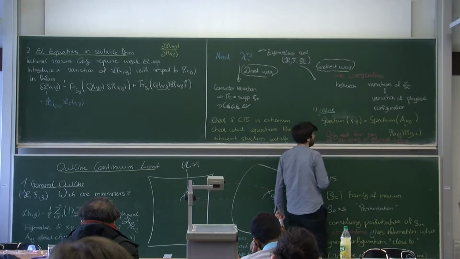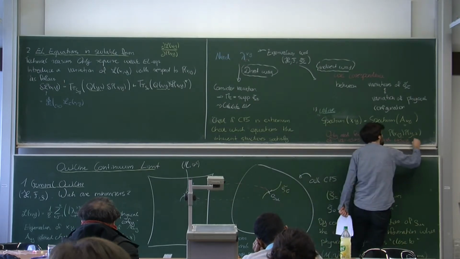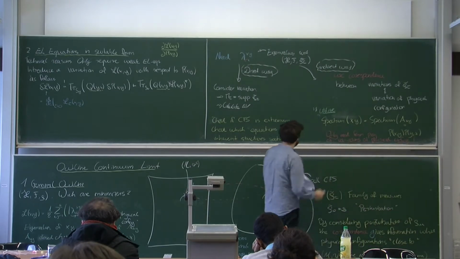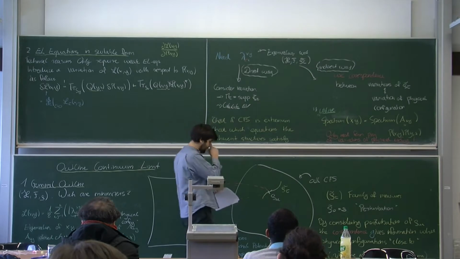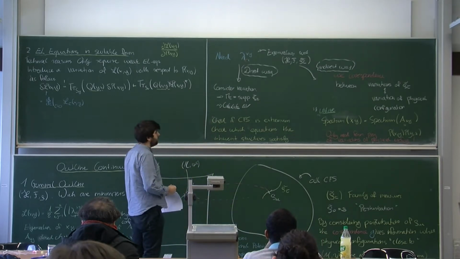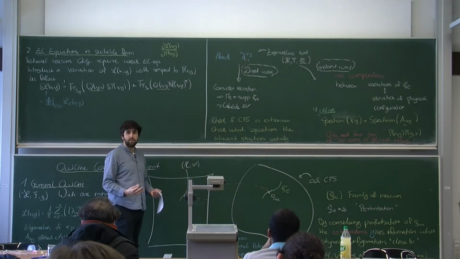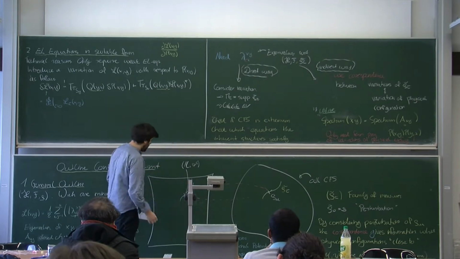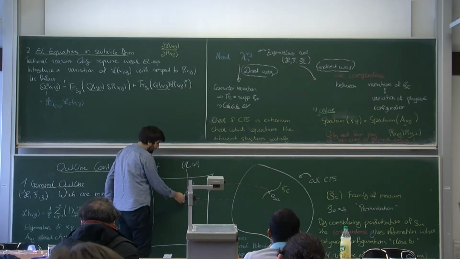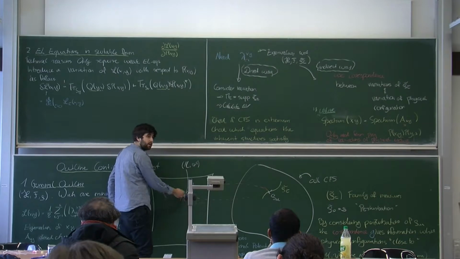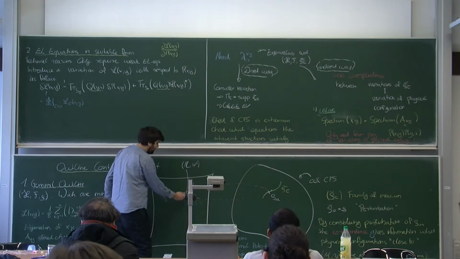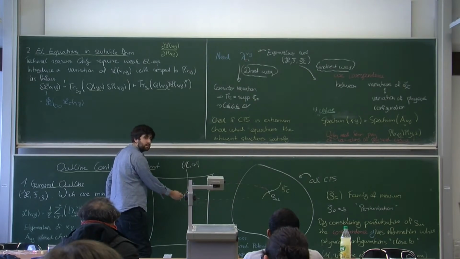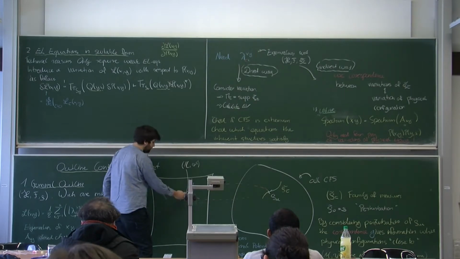So this is the essential part, if you like. Since there's not much space here, I will just say it in words. Once I know this, it's basically a shortcut. Instead of going through the whole machinery, I can just take a look at variations on this side, know that in the background the whole machinery works, and construct a fermionic projector of the variations on this side, and I'll tell you how to do this.